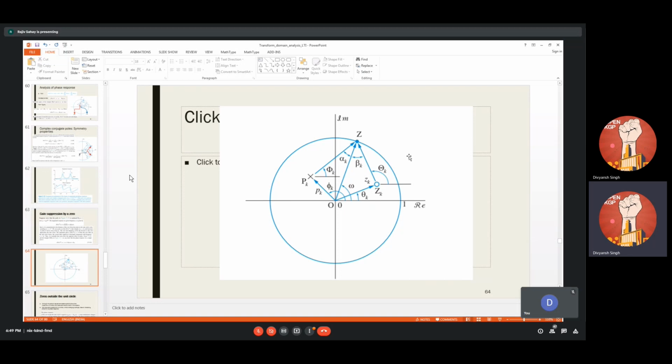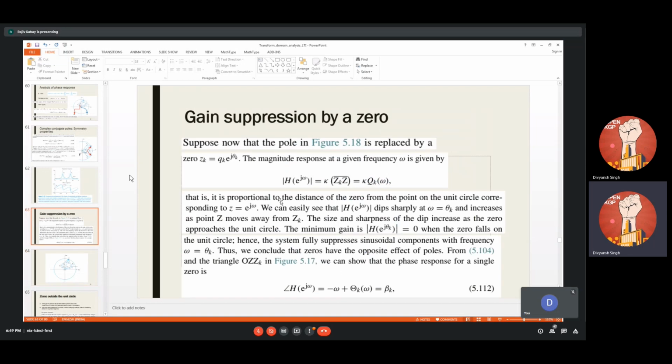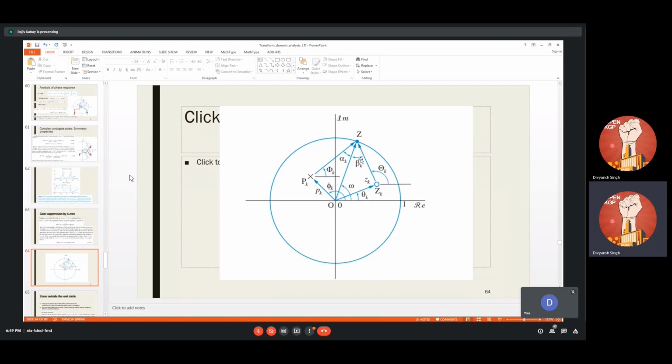It will go to 0. So we can see that the magnitude of H(e^{j omega}) will dip sharply at omega equal to theta_k and increases as point z moves away from z_k. So the size and sharpness of the dip will increase as the zero approaches the unit circle. So as this particular zero approaches the unit circle, the variation will be more and more sharp.